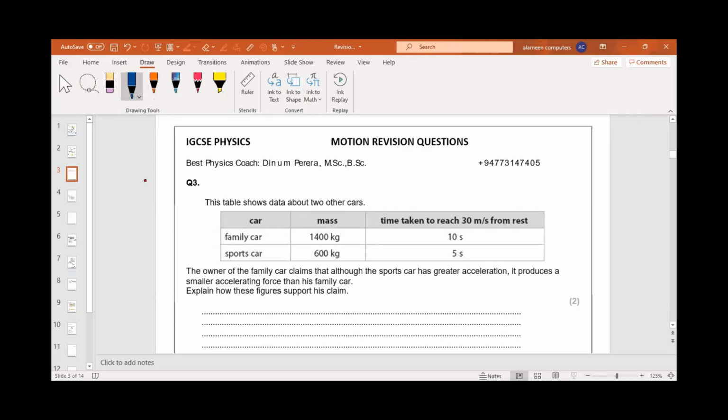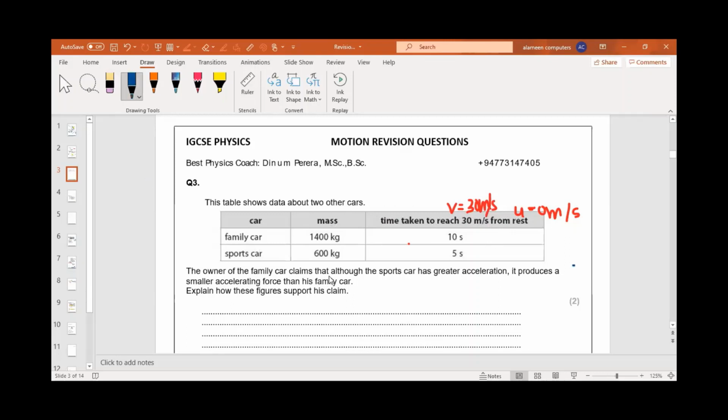So the initial speed u is 0 meters per second from rest, and the final velocity they reach is 30 meters per second.